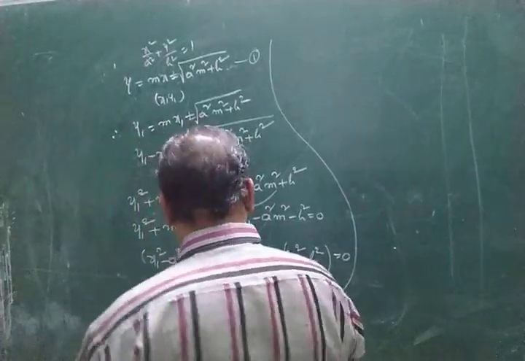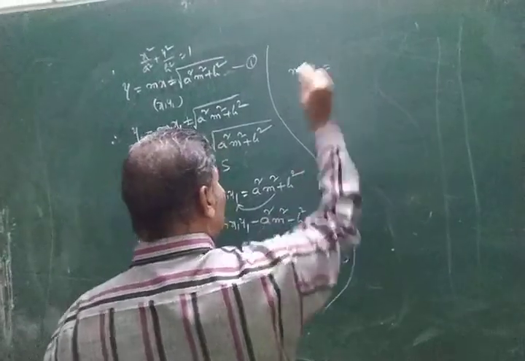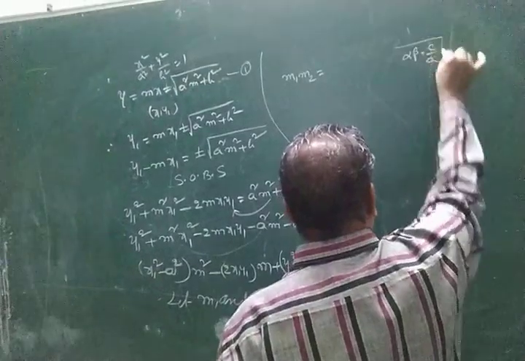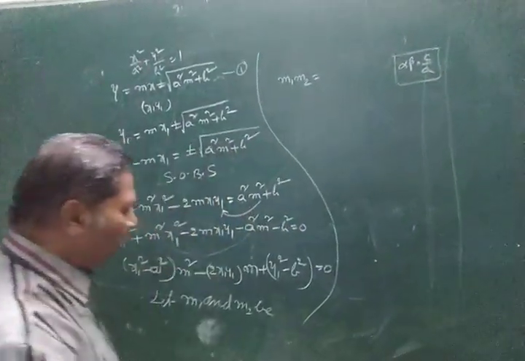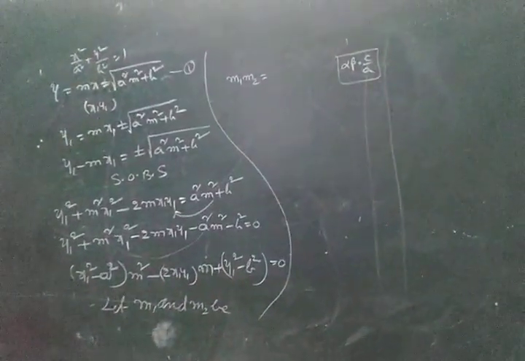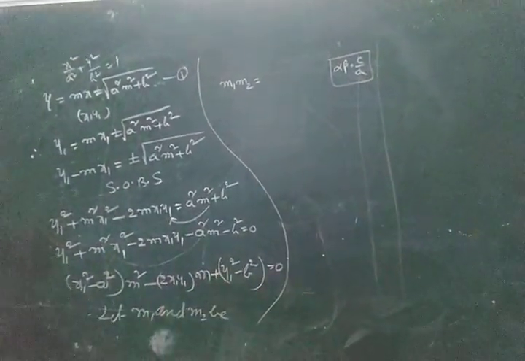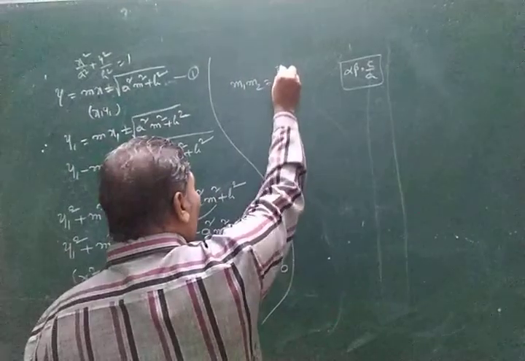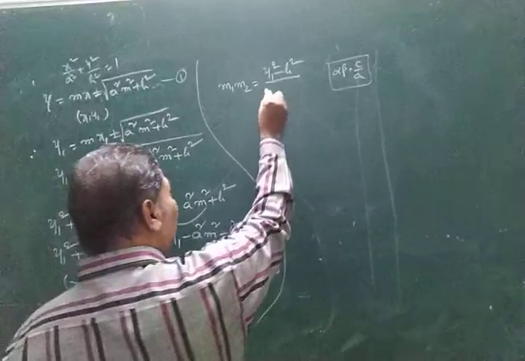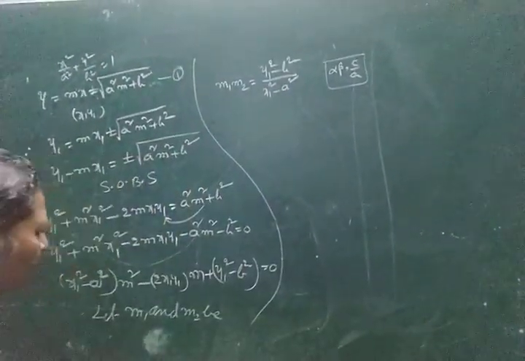Therefore, the product of the roots: we apply the formula alpha beta equal to c by a. Product of the roots, m1 into m2, equal to c by a, which is y1 square minus b square by x1 square minus a square.